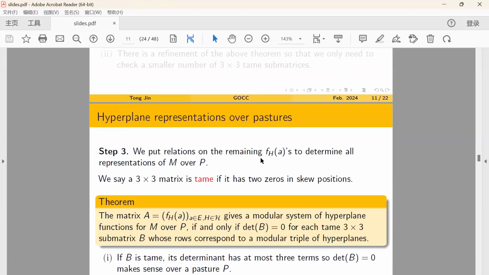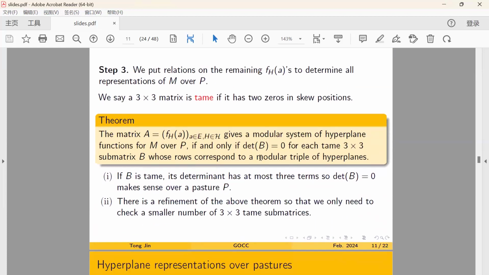So let's look at 2 remarks on this theorem. First of all, we are working over pasture P, and we only know when a 3-term expression is null. So if the matrix is TIM, then its determinant will have at most 3 terms. So the determinant being equal to 0 makes sense over pasture P.